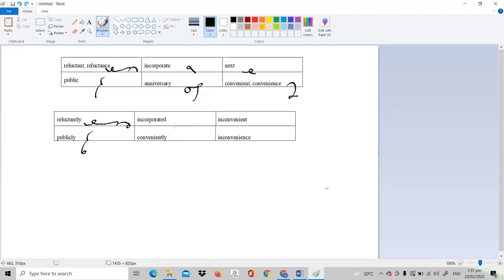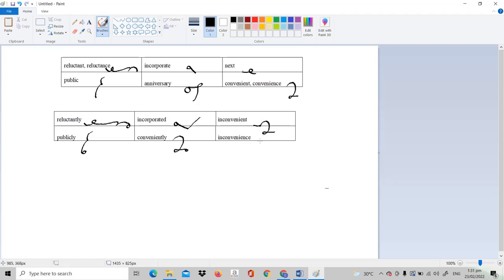Ulitin natin. Incorporated. Conveniently. So yung convenient natin is convene. Now let's add li. Next, inconvenient. So we have in and then convenient.